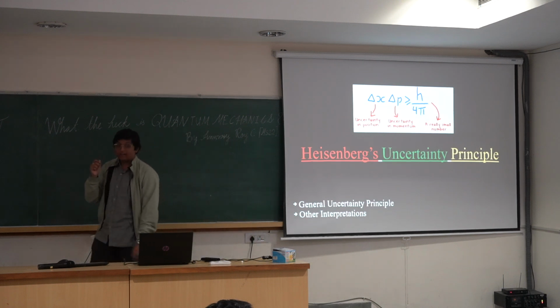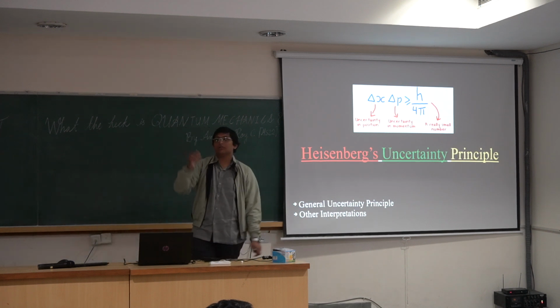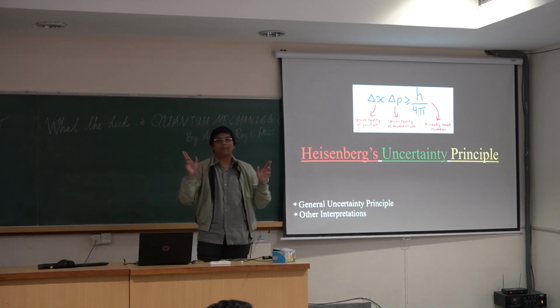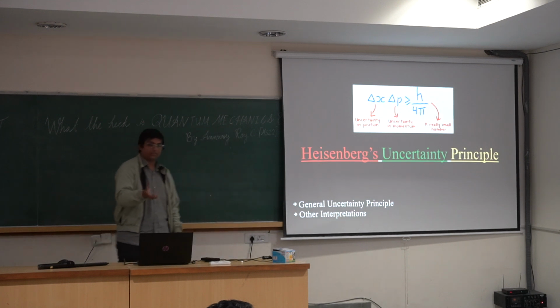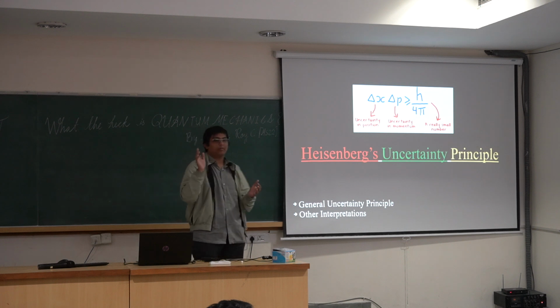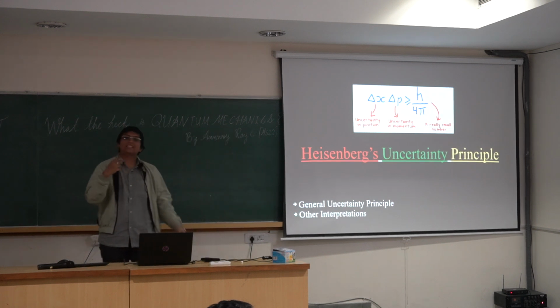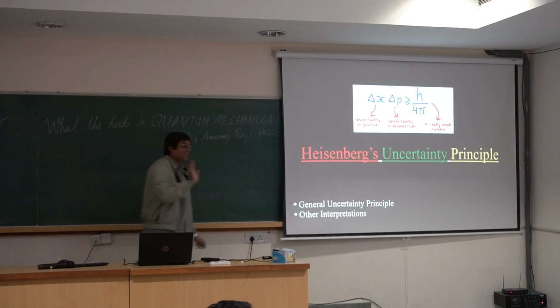But there are other interpretations of the uncertainty principle. The one you told is what we all read. But nowadays, there is a much more mathematically correct way of interpreting this equation. That is, we make a lot of measurements on a quantum system and find out the position and momentum. The standard deviations of them, the multiplication of the standard deviations, will be greater than or equal to this number. That's it.